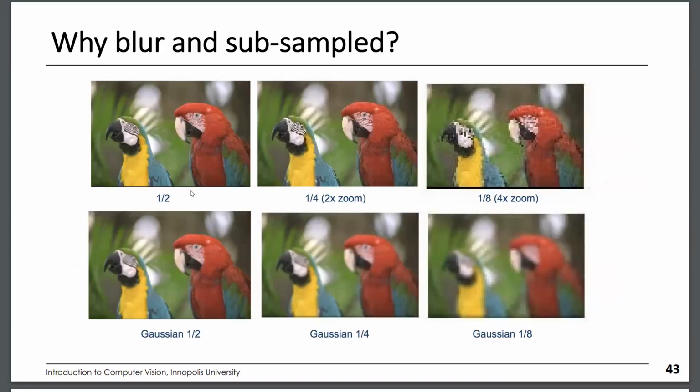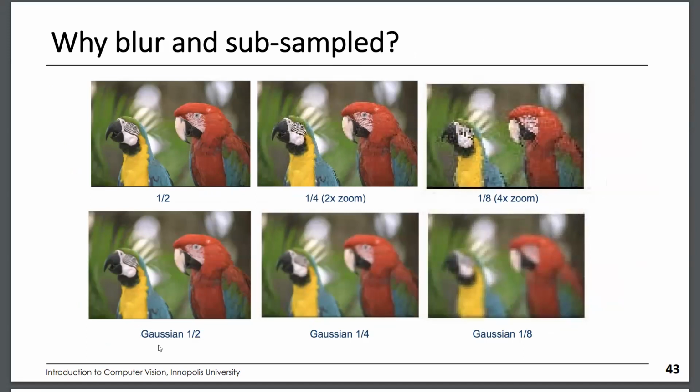like this. So for example, this is the 1/2 subsampling, 1/4 subsampling, and 1/8 subsampling. In this case, you can see that it's getting very ugly and very difficult to work with. Why? Because when we subsample, the pixel that we might have chosen might not be very representative of its area.